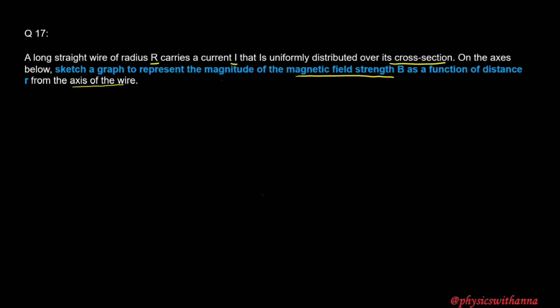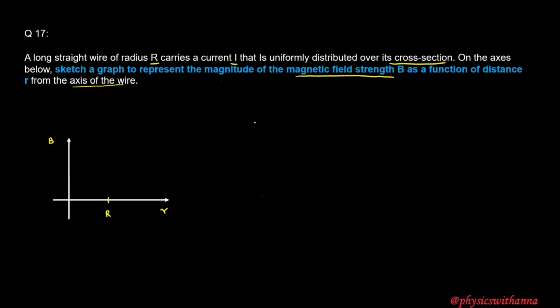So in this question, we need to sketch a graph to represent magnitude of the field B as a function of distance r. So we're going to take distance r along the x-axis and magnetic field along the y-axis. Let this be the radius of the wire, which we will call capital R. Points to the left are points which are inside the wire, and to the right are points which are outside the wire.